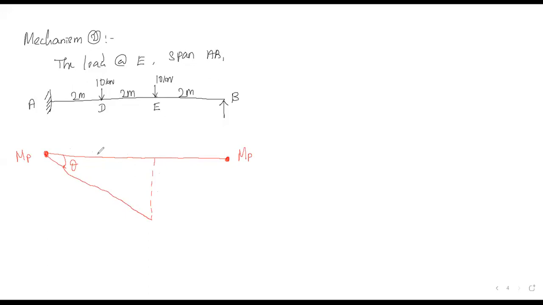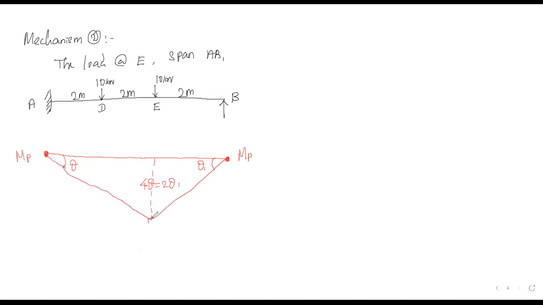So the span is 2 meter plus 2 meter is 4 meters. So 4 theta here. And from here to here, this slope is different when comparing with that one. So I'm going to take it as theta 1. So this distance is 2 theta 1.